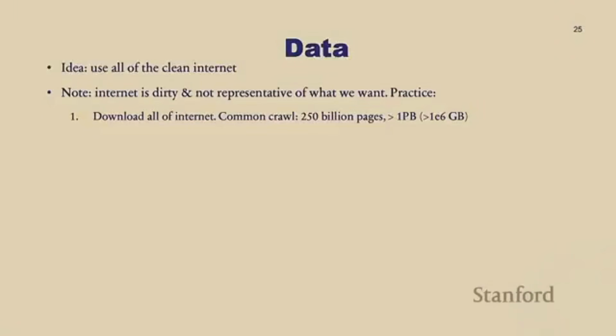People don't usually write their own web crawlers. They use standard ones, and Common Crawl is one of them that every month adds all the new websites that were found by Google, and puts them in a big data set. So on Common Crawl you have around 250 billion pages right now, so 1e6 gigabytes of data.